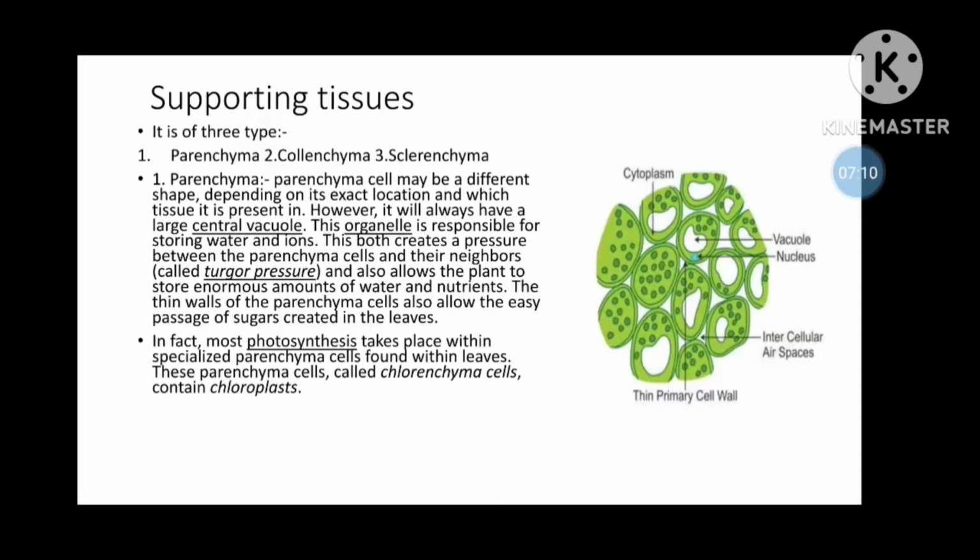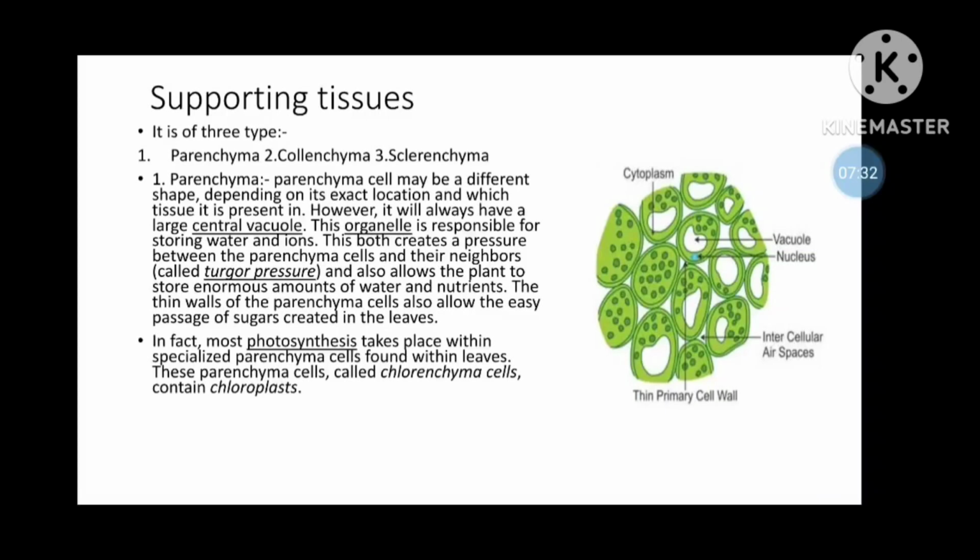Now come to the next, that is supporting tissue. Supporting tissue is of three types: parenchyma, collenchyma and sclerenchyma. Parenchyma cells may be of different shapes depending on their exact location.